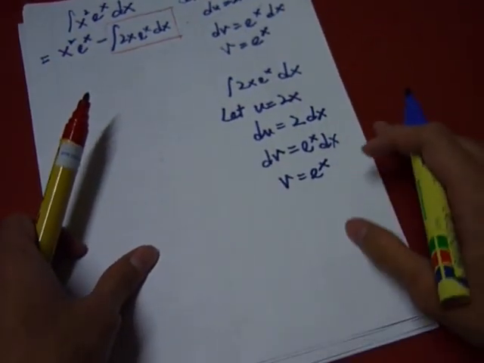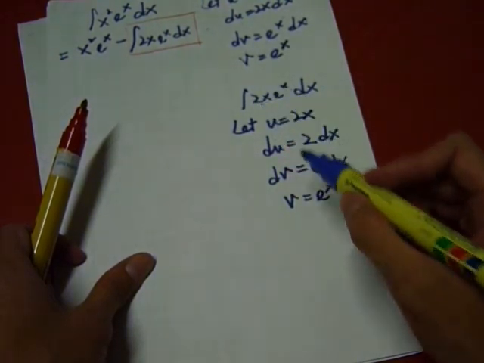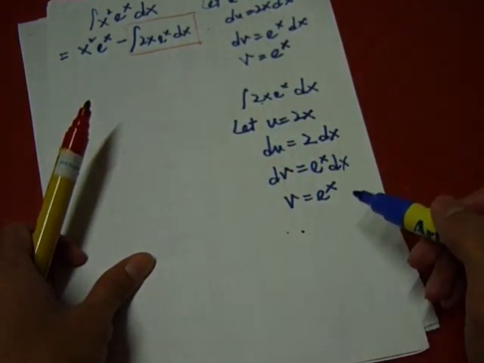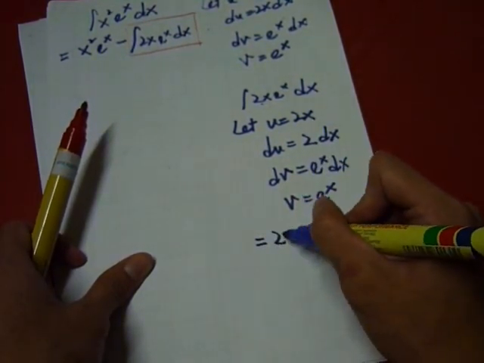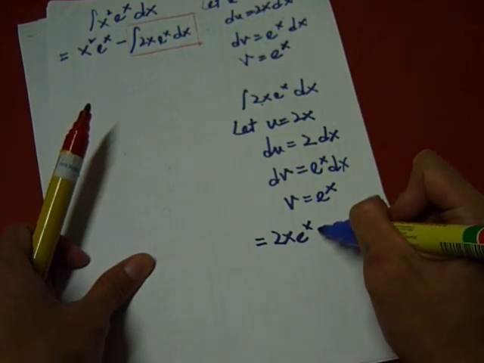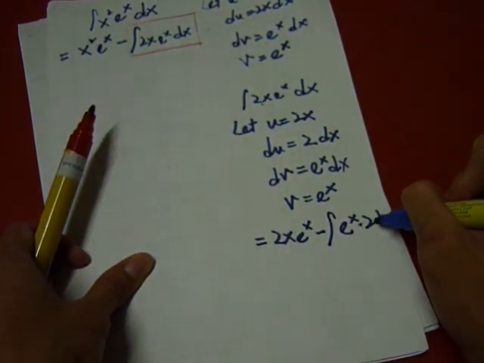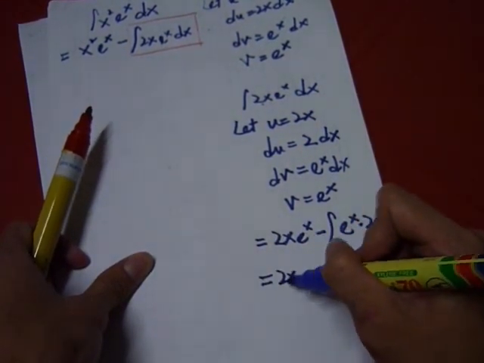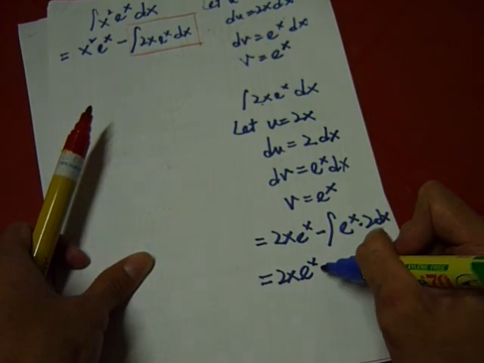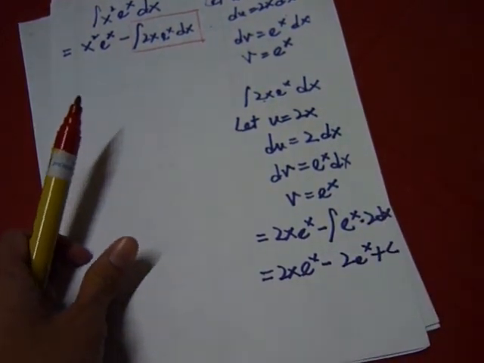So from the formula we know that it is equal to uv minus integration v du, so it is equal to 2x e^x minus integration e^x times 2 dx, which at last gives us 2x e^x minus 2e^x plus c.